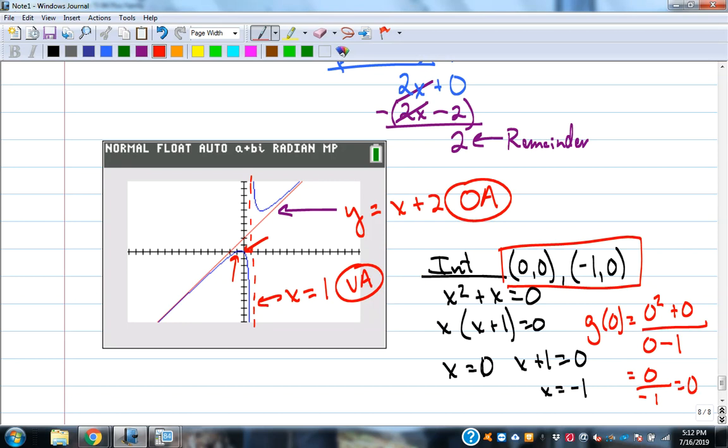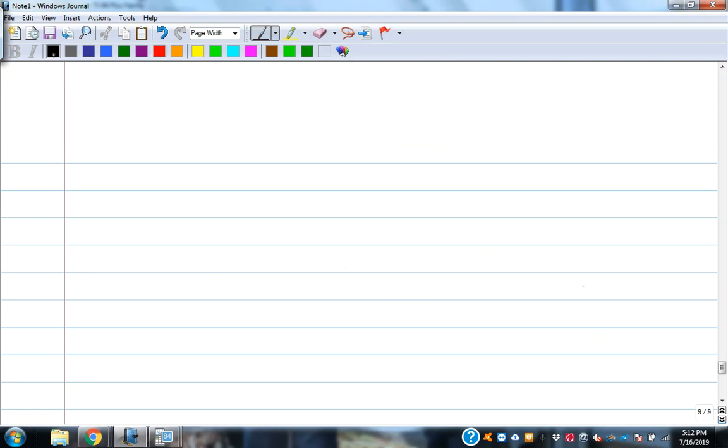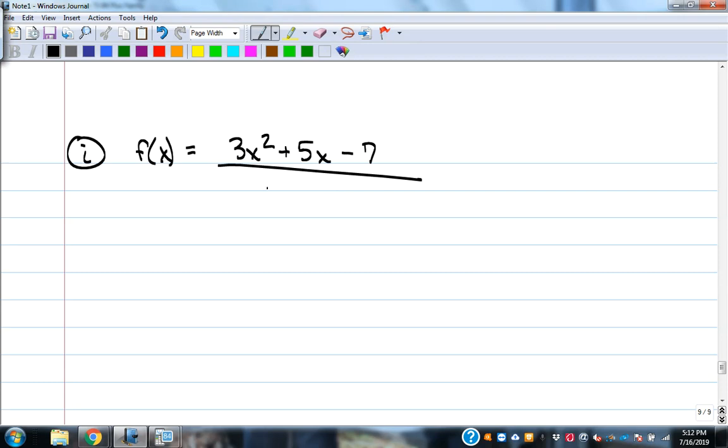All right, let's look at another one. One that's a little bit more stuff going on. As we're learning more of this stuff, we have to start stepping it up a little bit more. So we have f of x equal to 3x squared plus 5x minus 7 over 6x squared minus 150.